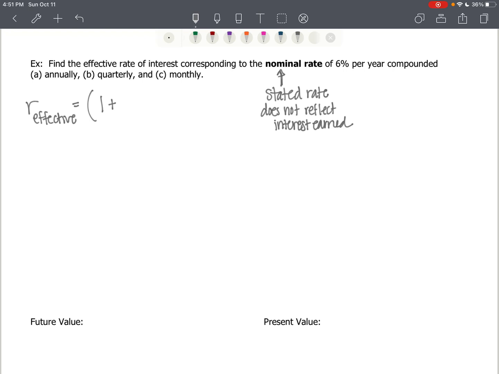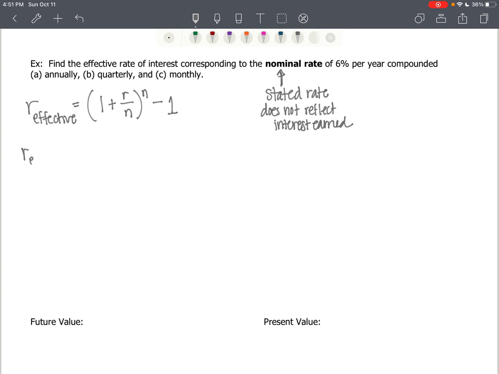So 1 plus r over n raised to the n power minus 1, that's your effective rate. We want to know the effective rate. If the stated rate is 6% per year, what would the effective rate be? Well, annually, it should be the same, 6% per year. Let's check it out.